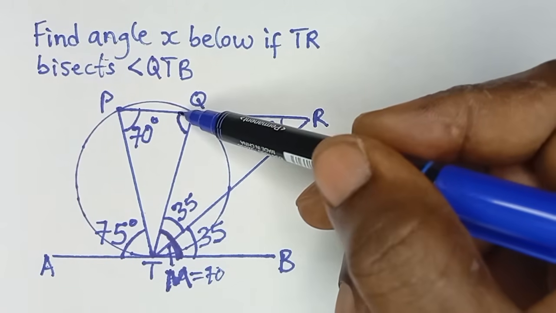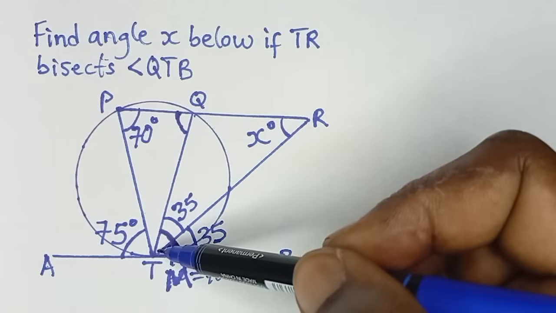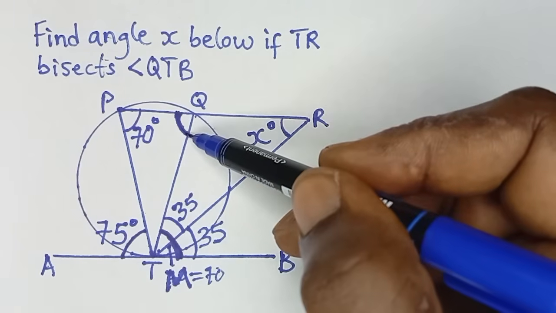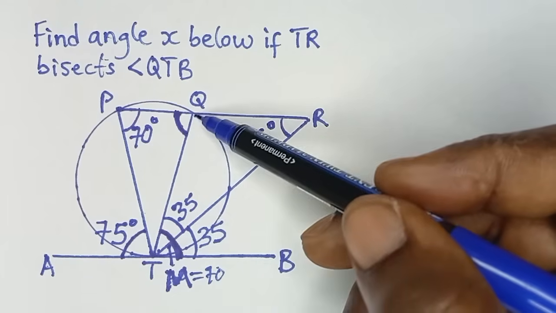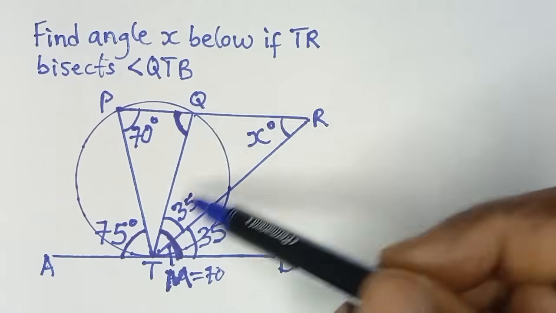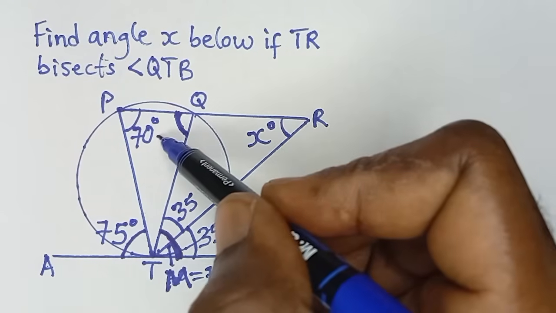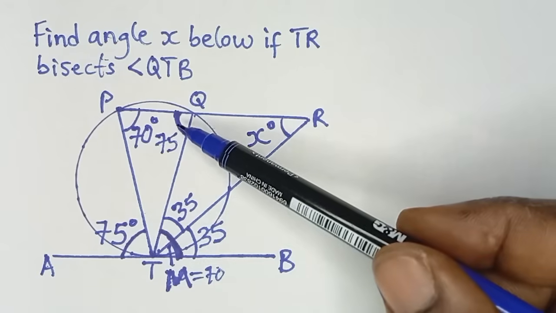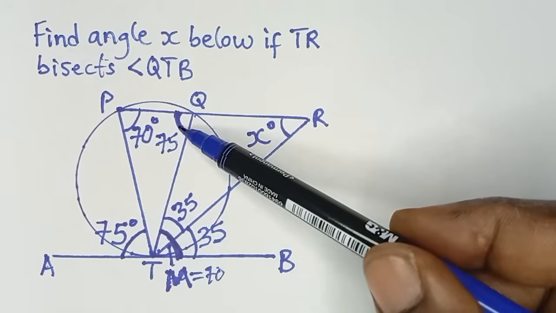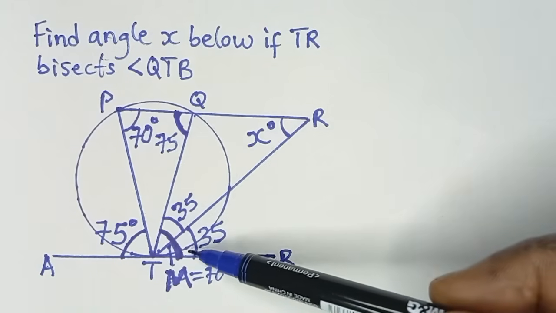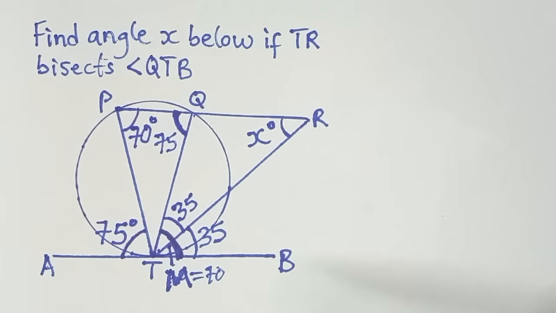Don't forget this time, this is the opposite angle to this chord. So it will also make this 75 degree in the opposite angle that it makes inside the triangle that it forms in the circle. So this angle now is 75 degree. Why? Because angles in alternate segments are equal, just like the rule that we applied before.